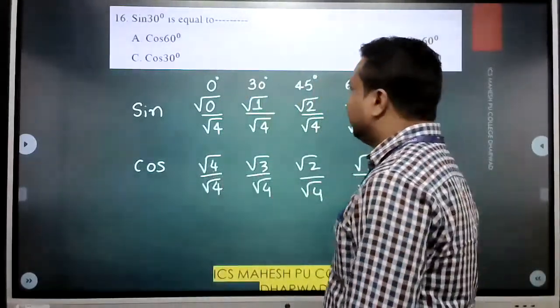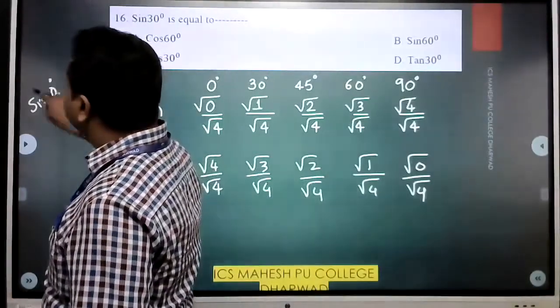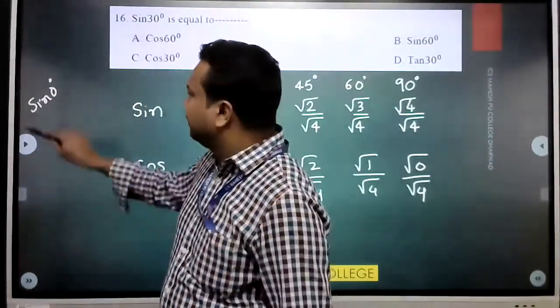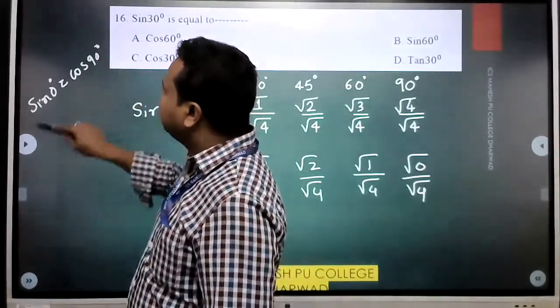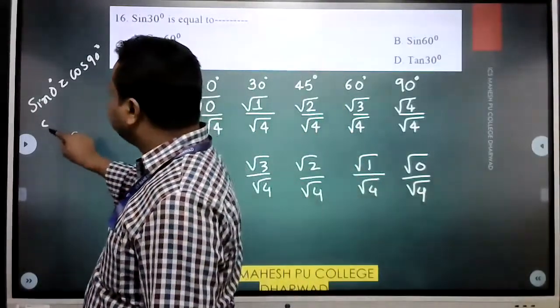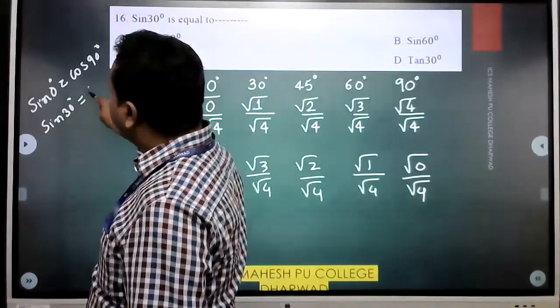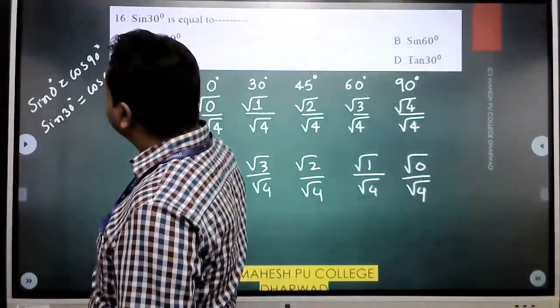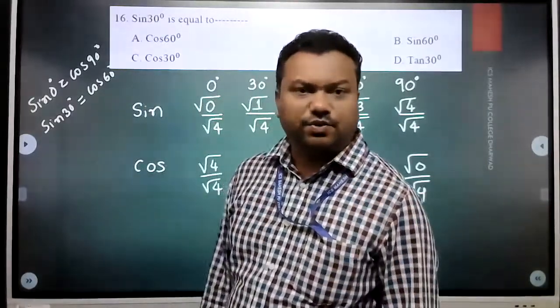Sin 0 value is 0. Cos 90 degree is 0. Now, what is sin 30 degree? 1 by 2. What is cos 60 degree? Also 1 by 2.